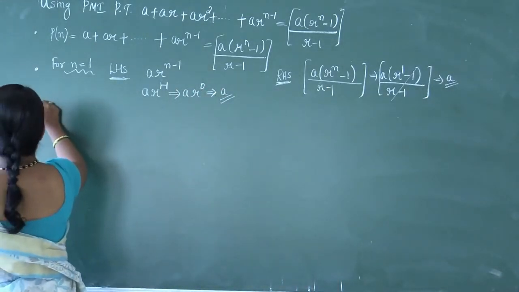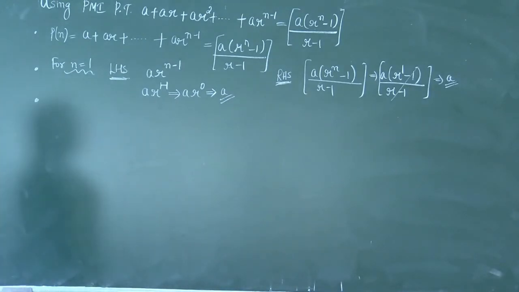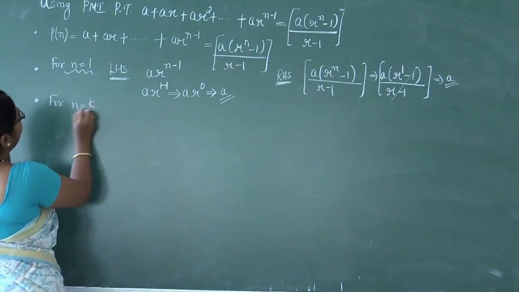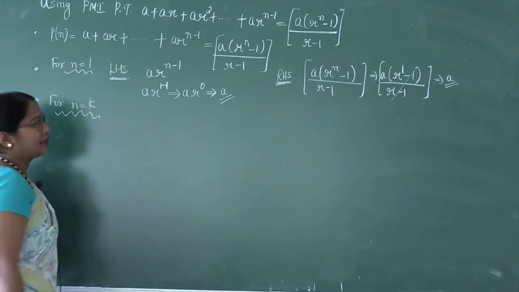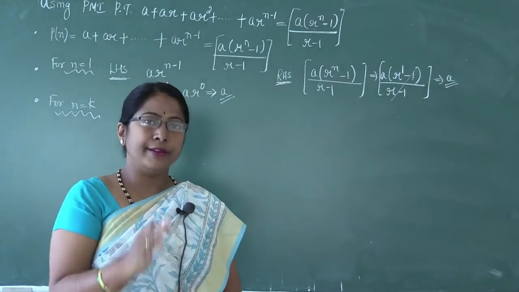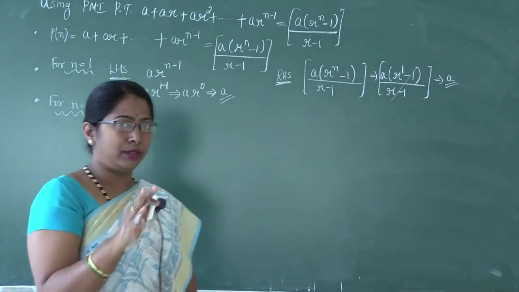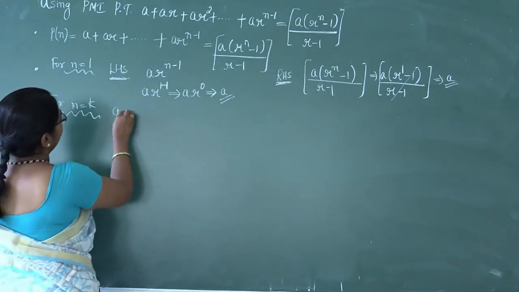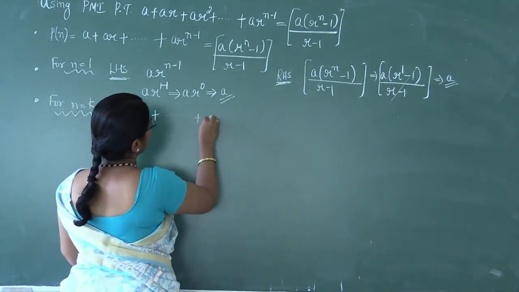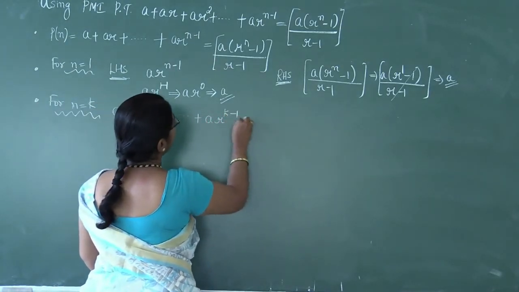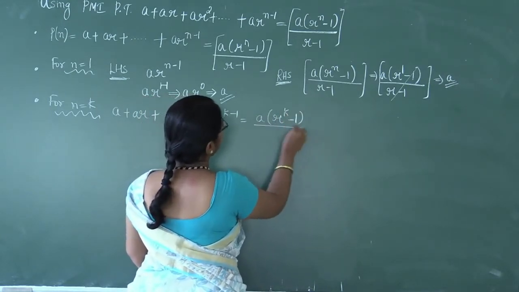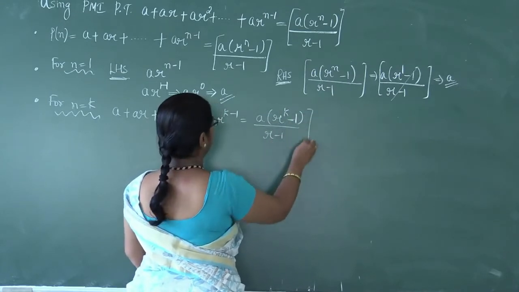Next step. What is the next step? For n equal to k. What does it mean? Wherever there is n in the LHS and RHS, you are supposed to substitute the value n equal to k. So what will be the answer now? A plus AR plus AR square plus etc. plus AR to the power k minus 1 is equal to A into R power k minus 1 divided by R minus 1.